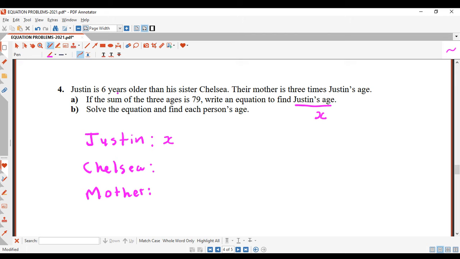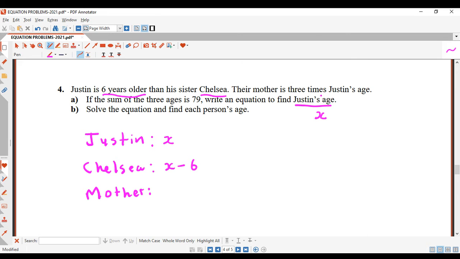Now it says Justin is 6 years older than his sister Chelsea. That means Chelsea is 6 years younger, so she's X minus 6.